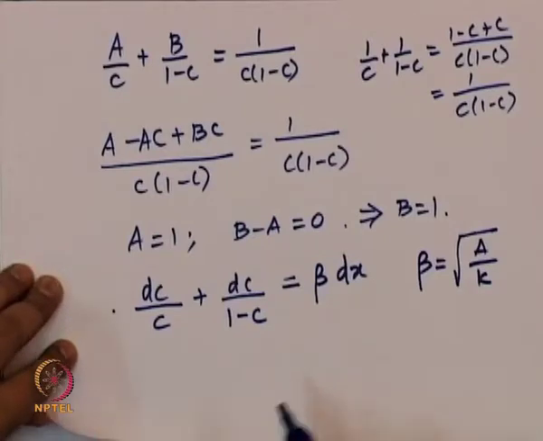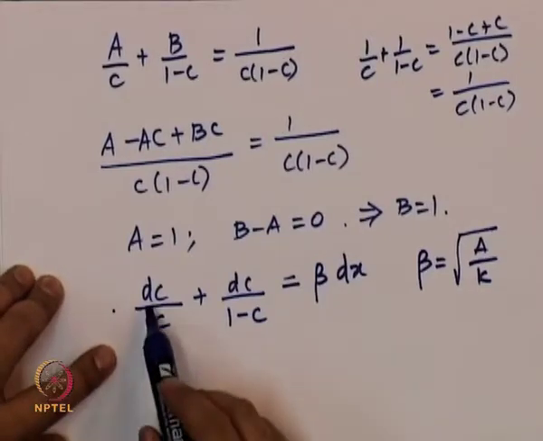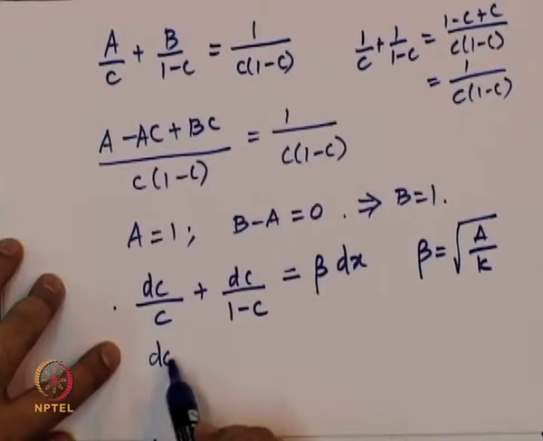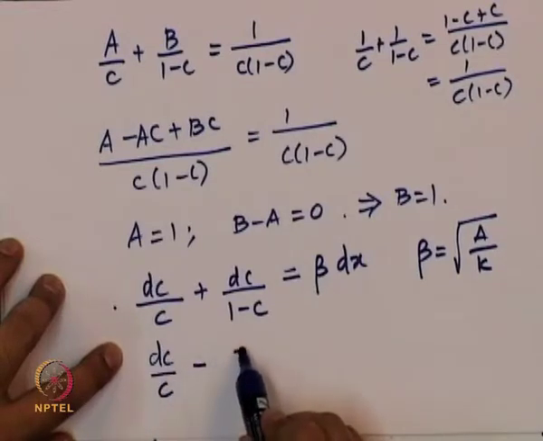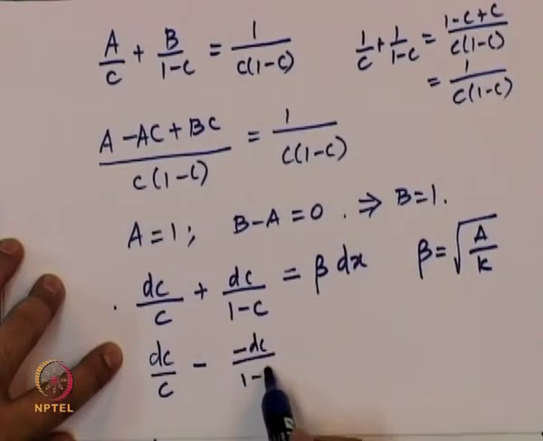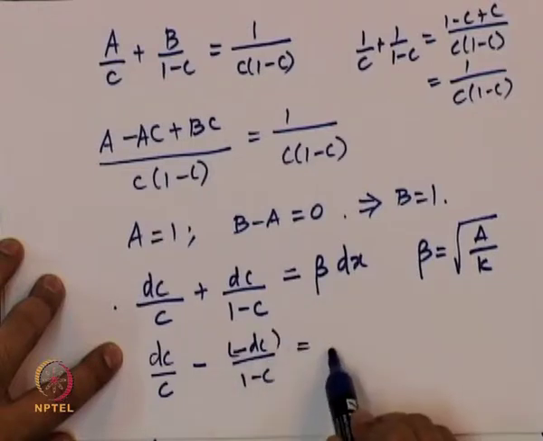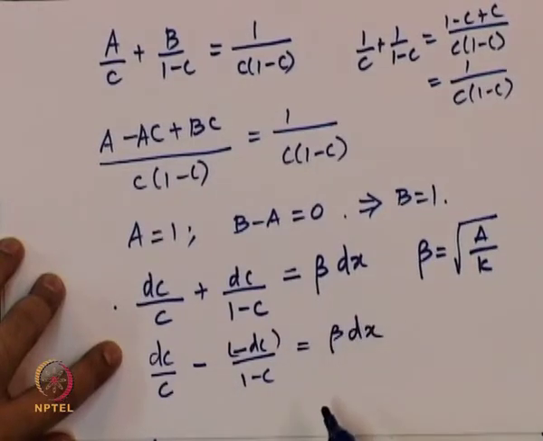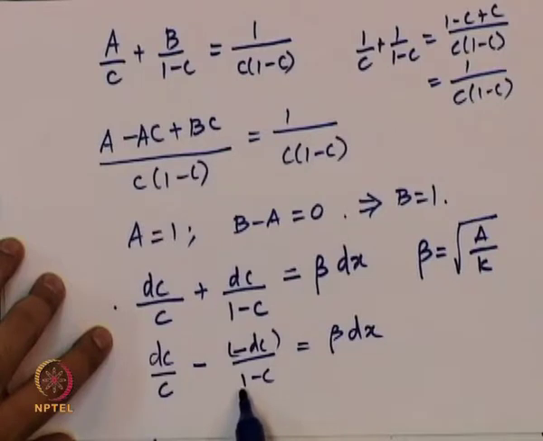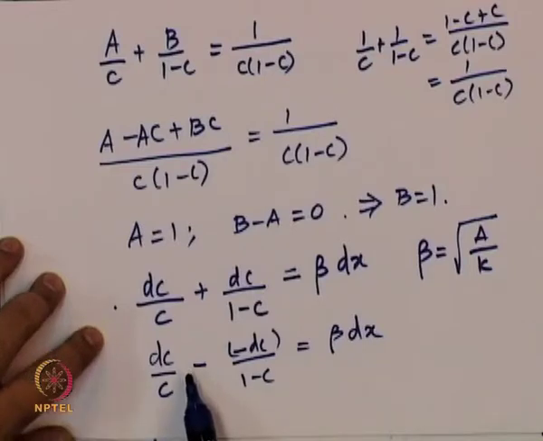Now, I am going to write this slightly modified. So, this is dC by c minus of minus dC by 1 minus c is equal to beta dx, right, minus dc because the derivative of this is dc with a minus sign. So, I have introduced a minus sign.